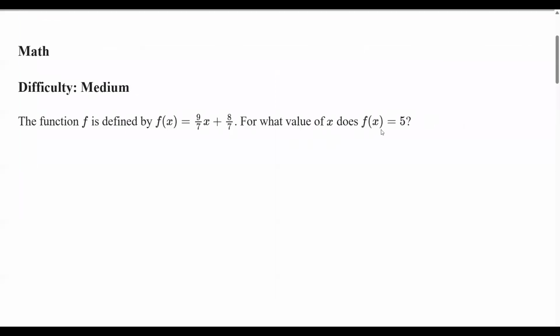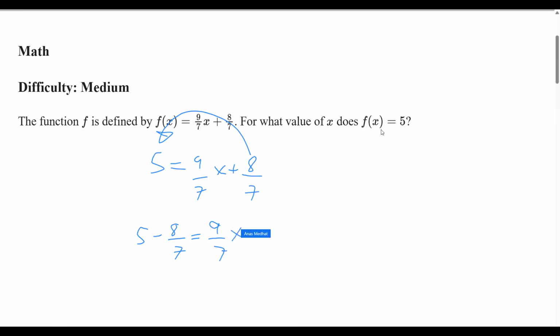For what value of x does f(x) equal 5? Okay, all you have to do is substitute and solve. Let's do it. 5 equals 9 over 7 x plus 8 over 7. Shift this to the other side. 5 minus 8 over 7 equals 9 over 7 x.